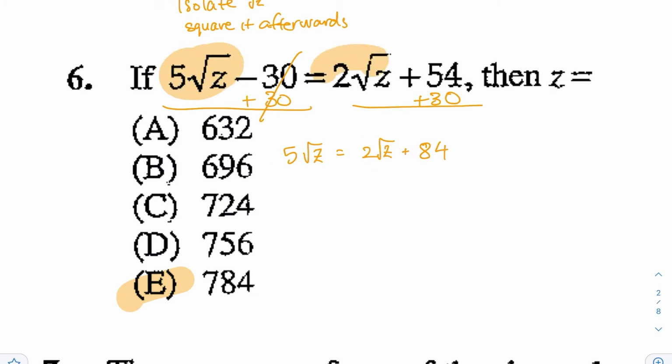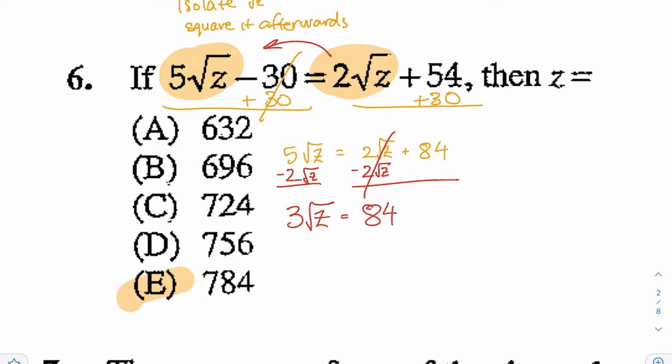Just like if you have variables on both sides, you're going to move them to one side. So you'll have to move 2 times root z to the left, and that means you can subtract 2 times root z from both sides. And 5 root z minus 2 times root z is equal to 3 times the square root of z. And that's equal to 84.